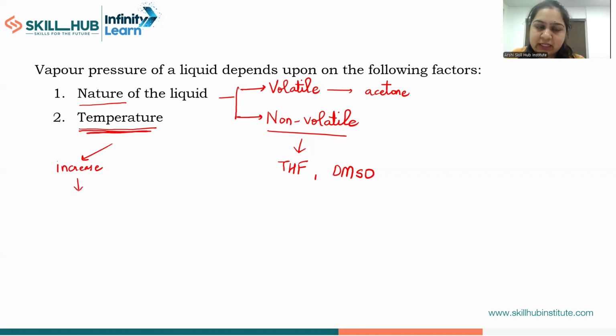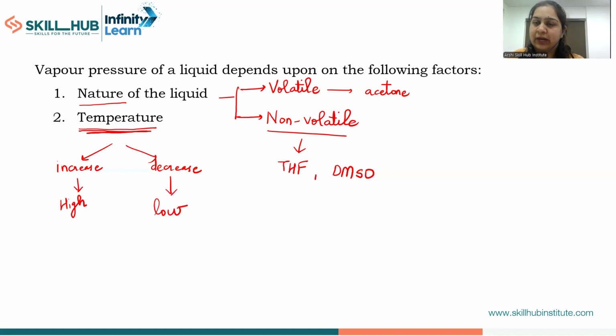So if I increase the temperature, the vapor pressure is going to increase. Similarly, if I decrease the temperature, then it will take very much time to form the vapors, and accordingly the vapor pressure will be very low because the vapors will be fewer. So if we decrease the temperature, the vapor pressure will be low.